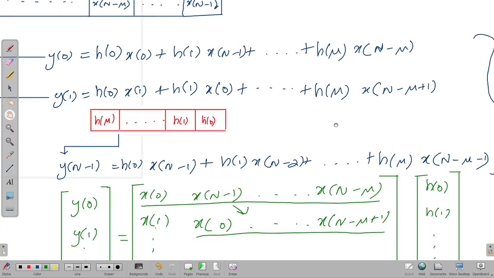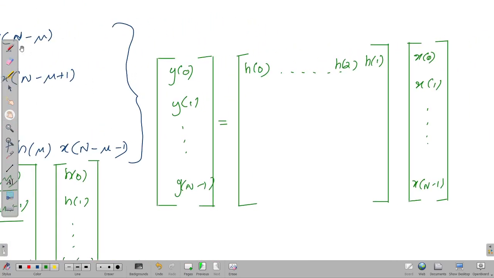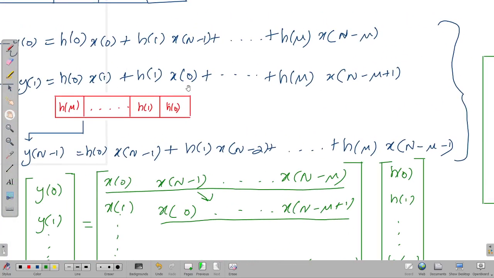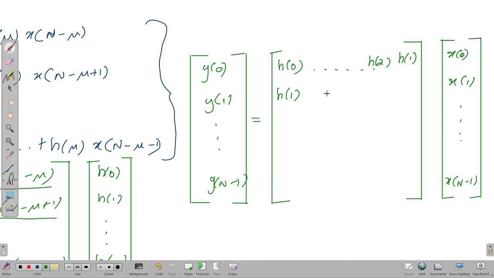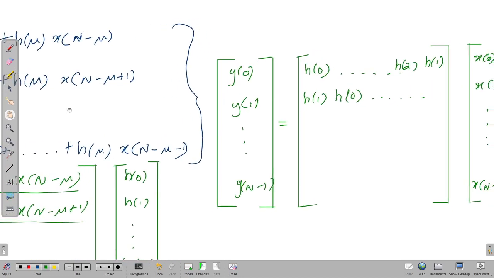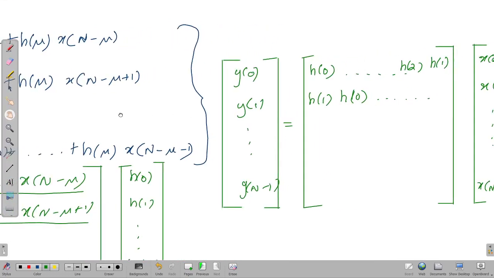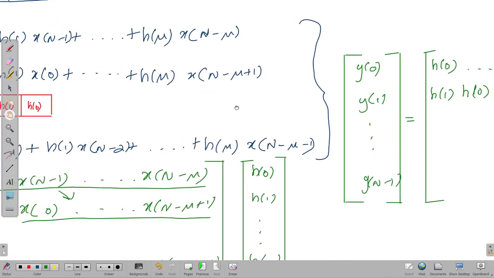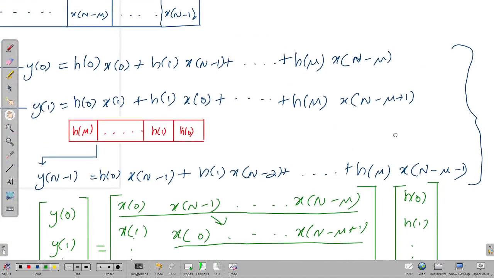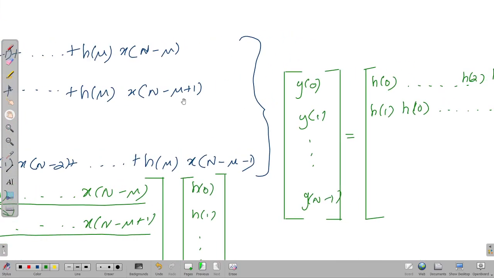And y of 1. In y of 1, x of 0 is getting multiplied by h of 1, and x of 1 is getting multiplied by h of 0, etc., etc. It can go up to x of n minus mu plus 1.